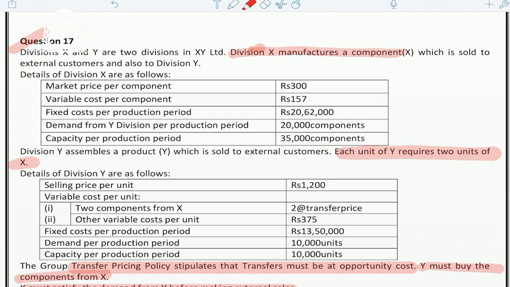Do read the question properly, guys. Read the question properly, but understand each and every part of it. Then we will be solving it. Yes, guys.